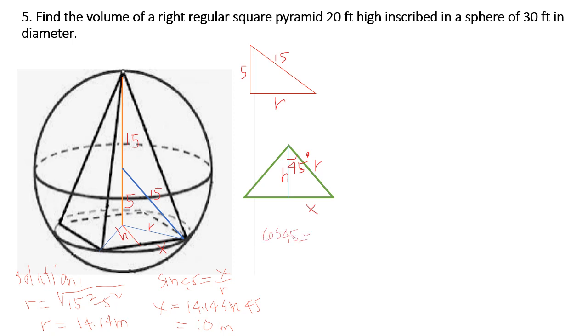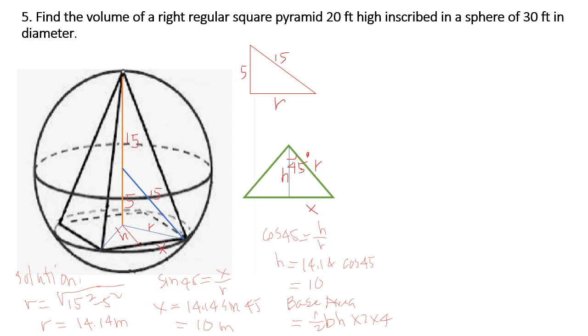But you have cosine 45 equals h over R. Your h equals 14.14 cosine 45, equals 10. Base area equals 1/2 BH times 2 times 4.